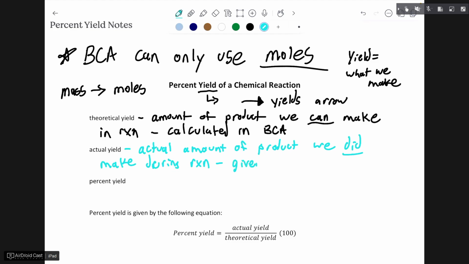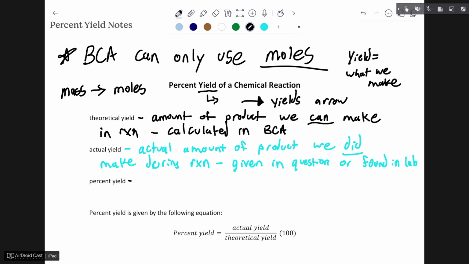This will either be given in the question, or if we're doing a real life example, we'll do this in lab either later this week or next week, we have to find this in the lab. So we'll either be given this information, which is what we'll see in our example question here in a second, or again, if we're in the lab, we have to calculate it.